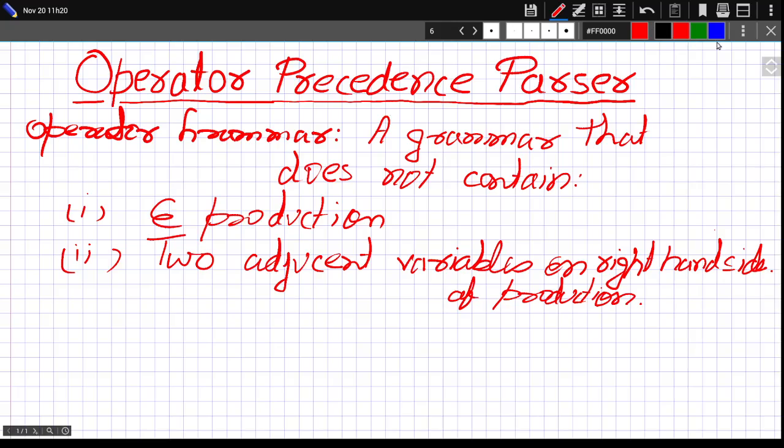If we want to see some example, suppose S derives S plus S as well as S minus S, or it is S star S, it is okay.